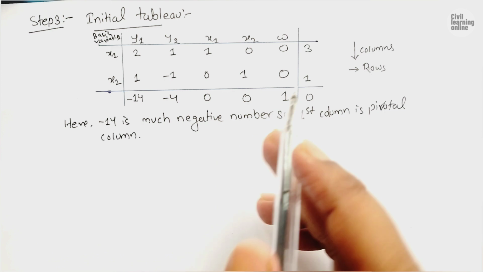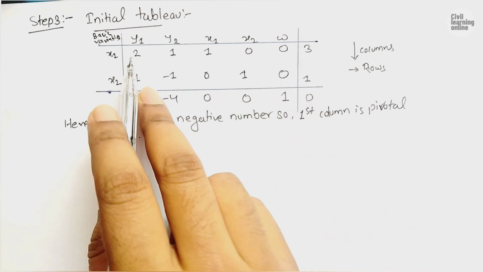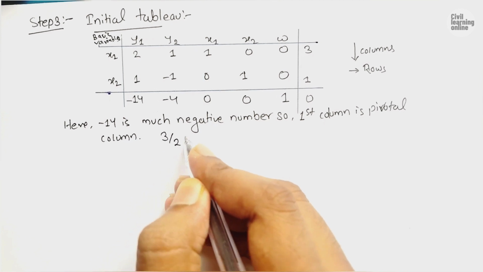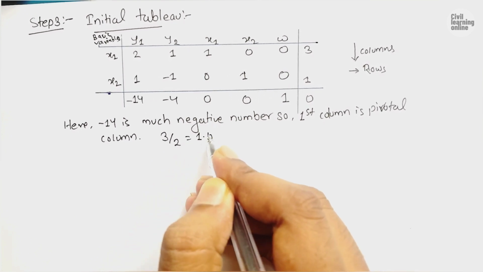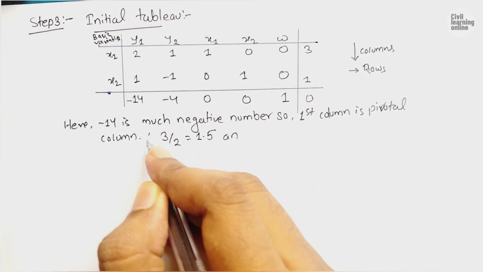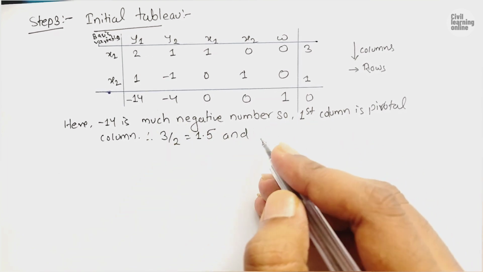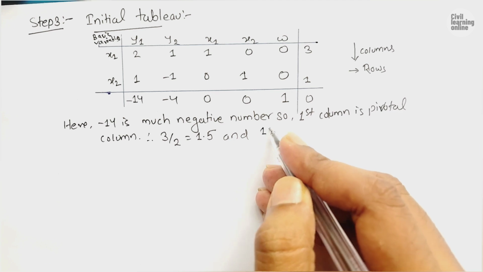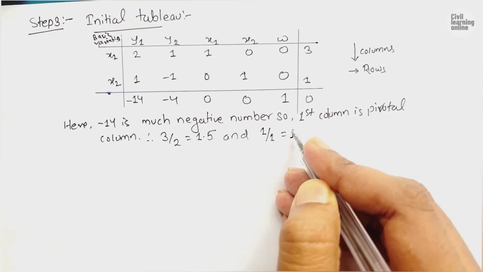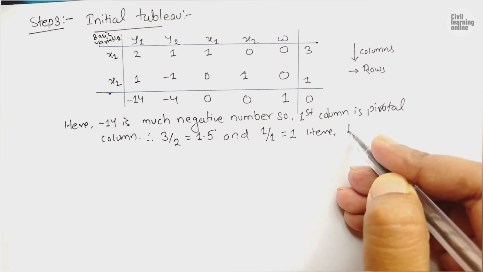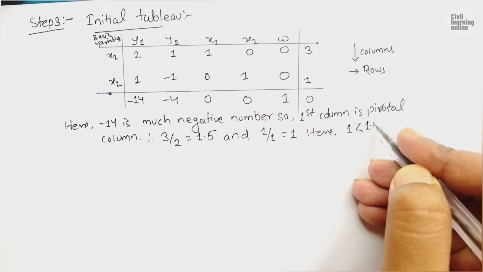Now what we need to do is divide these elements by these elements. So on dividing 3 by 2 we get 1.5, and 1 divided by 1 we get 1. So here 1 is less than 1.5.